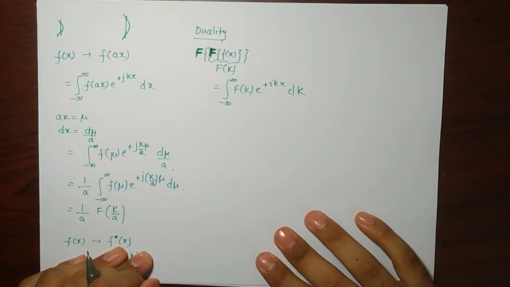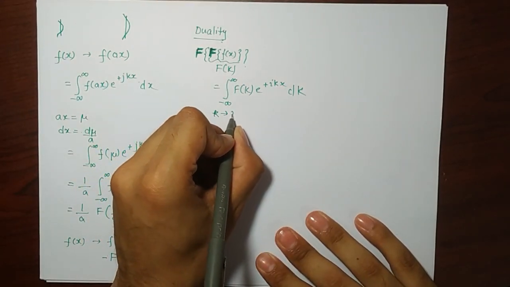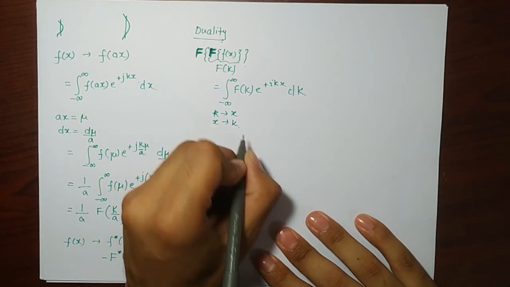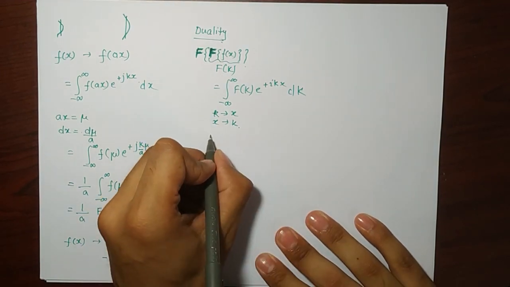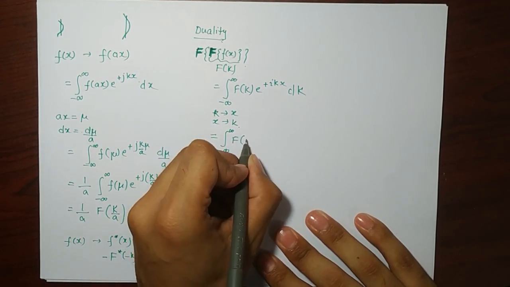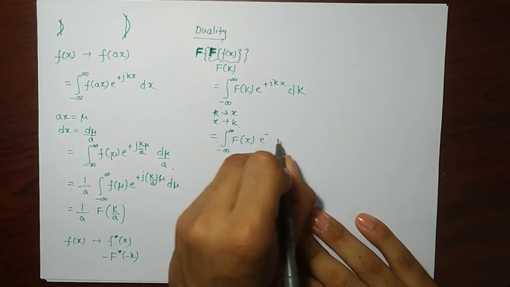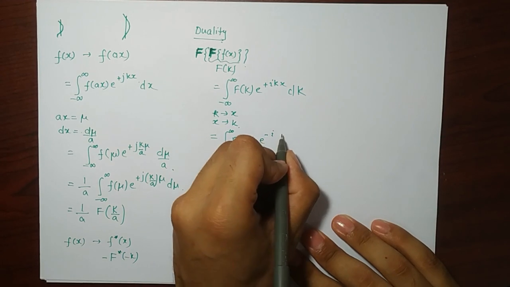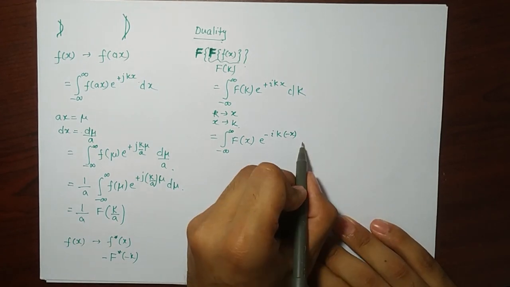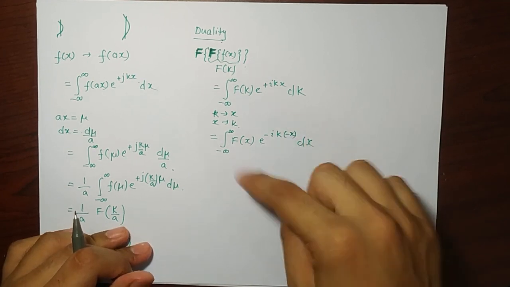Now what you can do is replace k with x and x with, let's say, k, and see what happens. Then this is f of x e to the power, and I'll create a minus sign, so I can write this in this form, and this would be x. Can you recall what this really is?